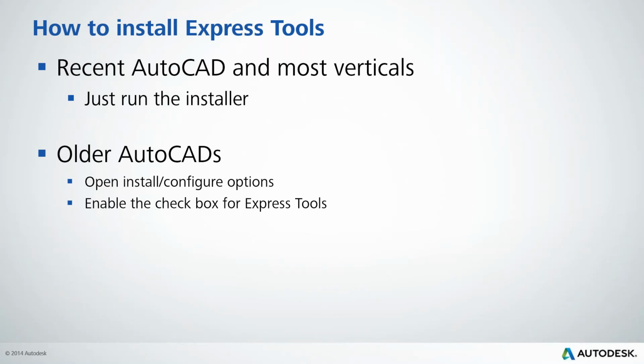So there would be a checkbox that says enable Express Tools, and that'll make it included within the product. Some older products did not have that checked on. Some did. So people would install AutoCAD and say, Express Tools is not there. How do we fix it?